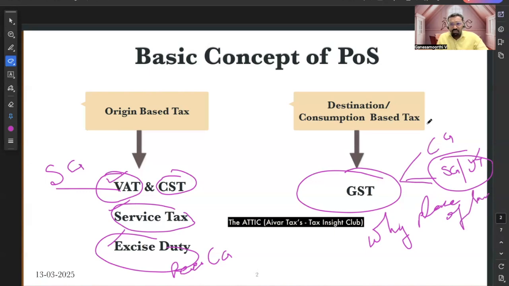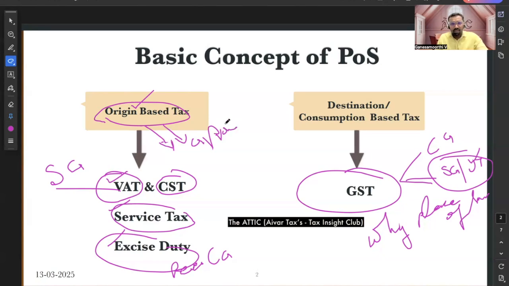In the pre-GST regime, the tax was payable on an origin basis. So what is origin-based tax? Origin-based tax means that where the goods originate, that means where the goods are produced, that state will get the revenue from the sale of the goods.